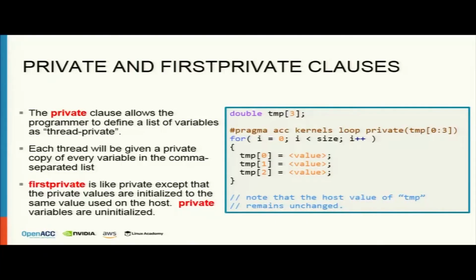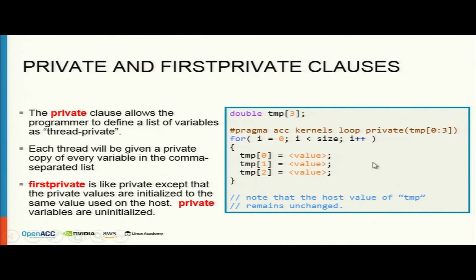Sorry? Why is it private? It's a temporary buffer, and if everybody just writes, suppose thread 0 was writing, suppose the value there was temp of 0 equal to I, and based on that I was doing some operation, right? Okay, so let's go ahead. Suppose after this statement there was a buffer called A, and I say A of I equal to temp of 0 plus temp of 1 plus temp of 2.